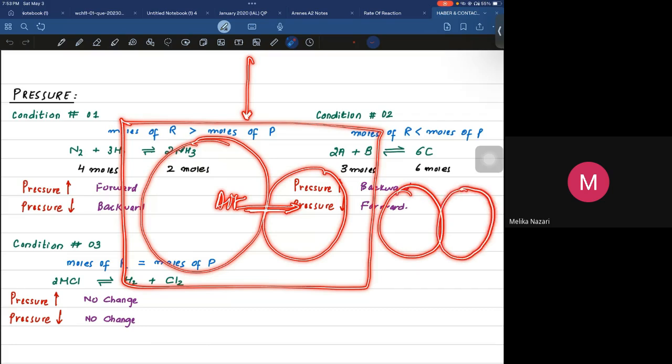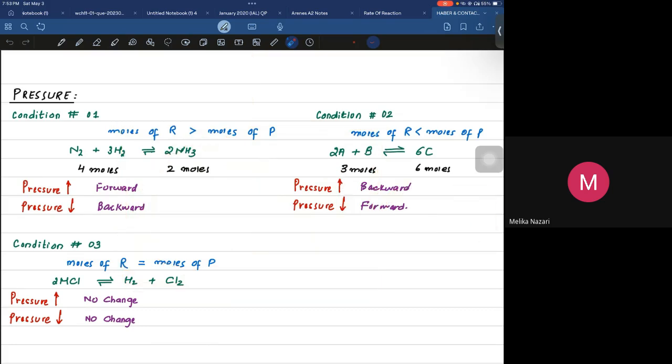That's the main thing that you need to know. So in case number one, when the number of moles of reactants are greater than the number of moles of product, if you are going to increase the pressure, the reaction moves forward, and vice versa for decreasing the pressure. Are you getting my point? Yes, sir.